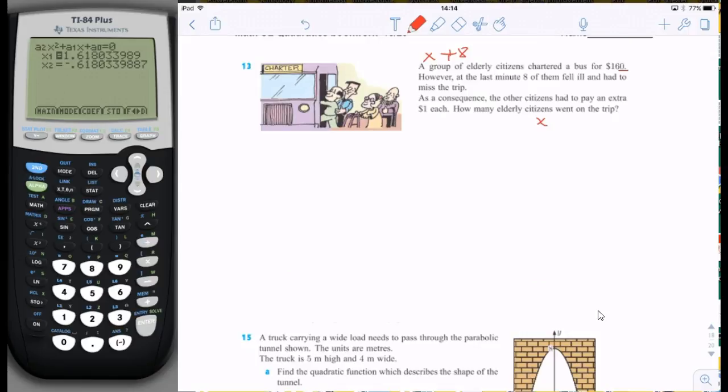It was $160, and when it was X plus 8 citizens, let's say that they paid Y, and that was $160. After 8 of them got sick, then it was X citizens times Y plus 1. And that was also $160.